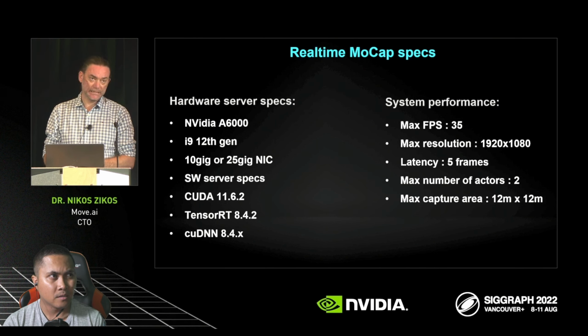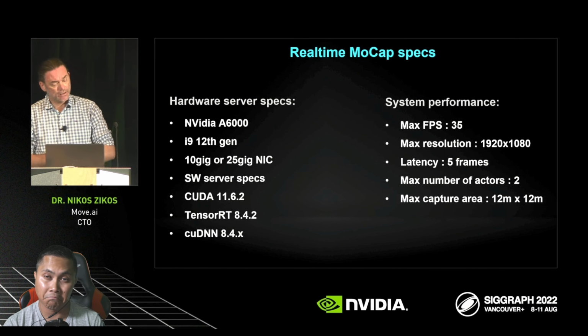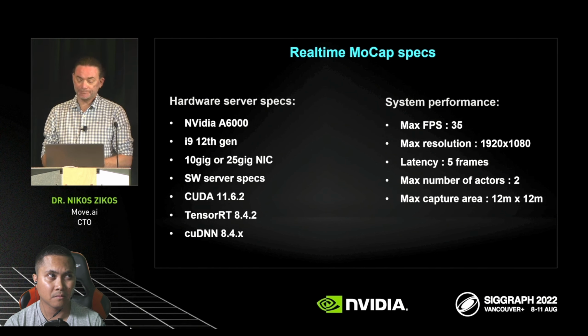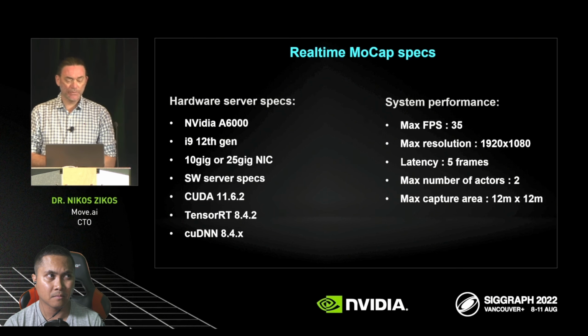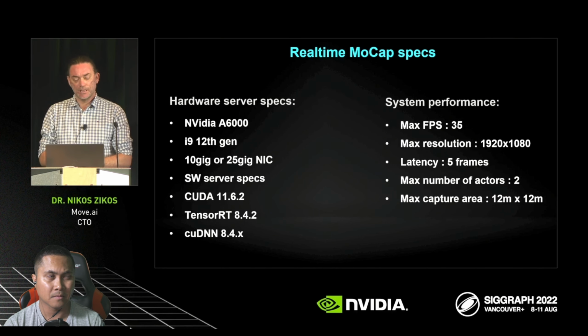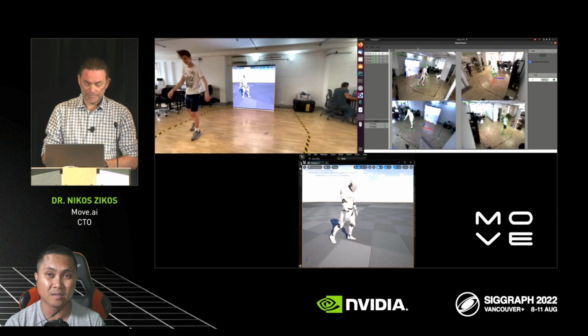This will drop, by our calculations, the latency to 3 frames, which I think is acceptable in the industry. We can track 2 people at the same time, and the maximum capture area that we have tested is a 12 by 12 volume.